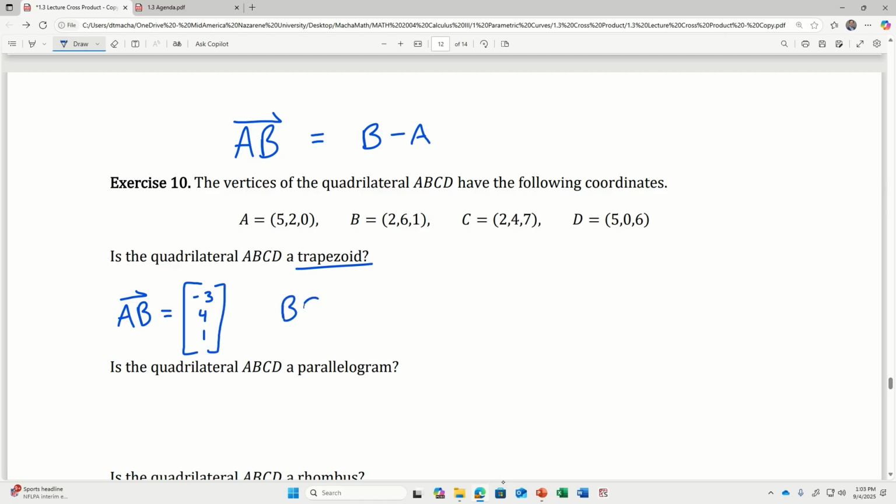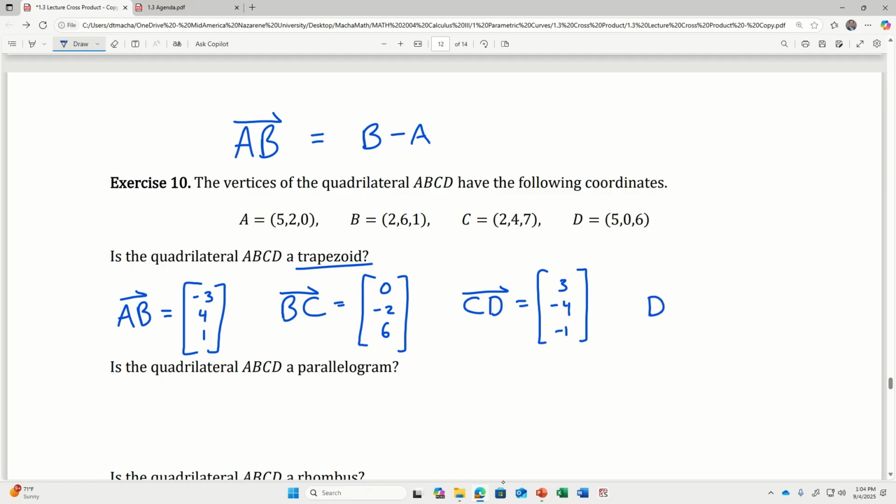Another side of this quadrilateral is going to be the vector BC, which is 0, negative 2, 6. Another side of this quadrilateral is going to be CD, which is 3, negative 4, negative 1.